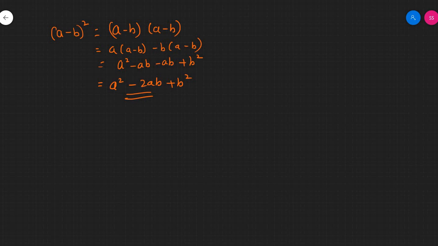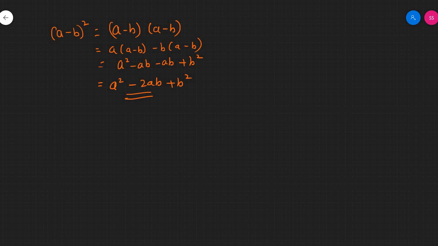At this moment, I would encourage you to pause this video and try to derive this a minus b the whole square expression by yourself, and maybe even try to convince yourself visually why it is indeed the case.